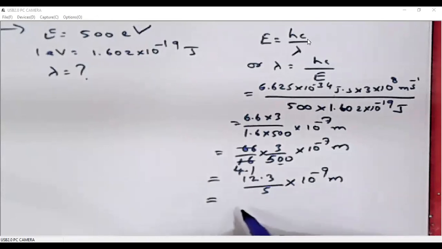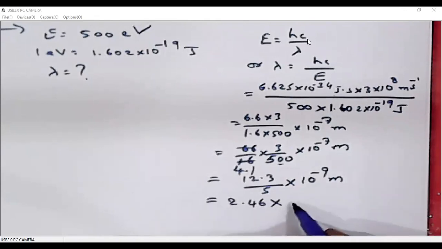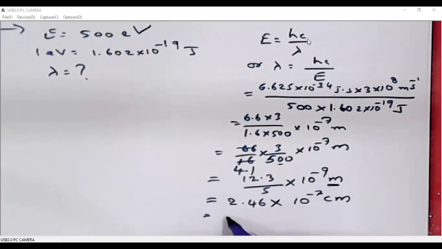When we simplify it further, it becomes 2.46, and we were asked to represent the lambda in angstroms. So angstrom is 10 power minus 8 centimeters. First convert these meters into centimeters. Now we need 10 power minus 8. So what we will do, 24.6 into 10 power minus 8 centimeters, nothing but 24.6 angstroms.